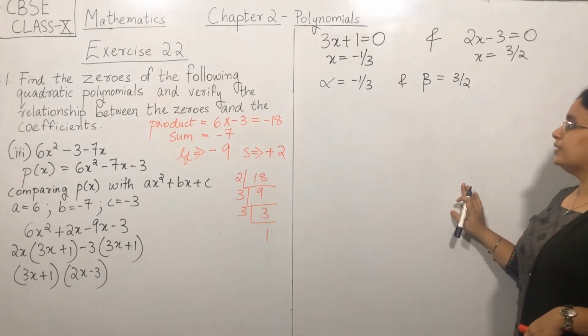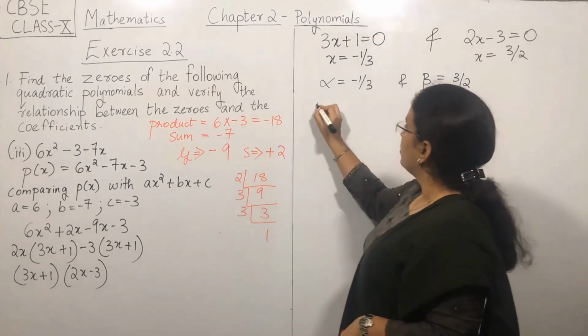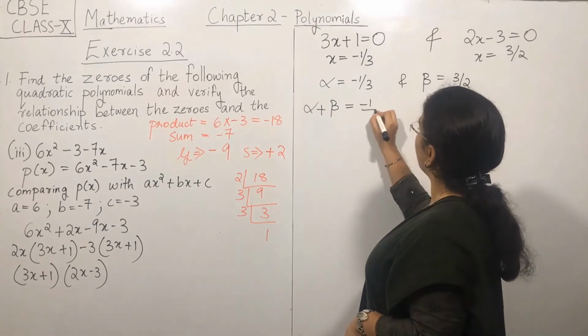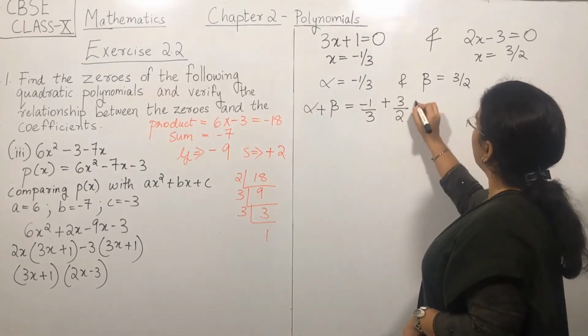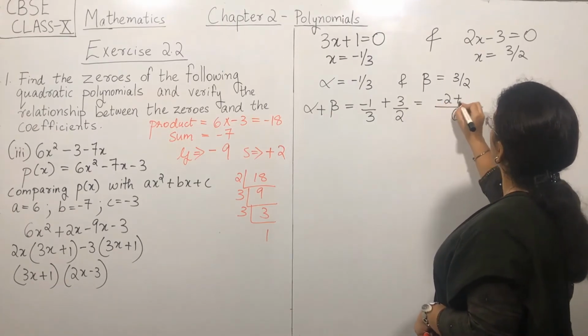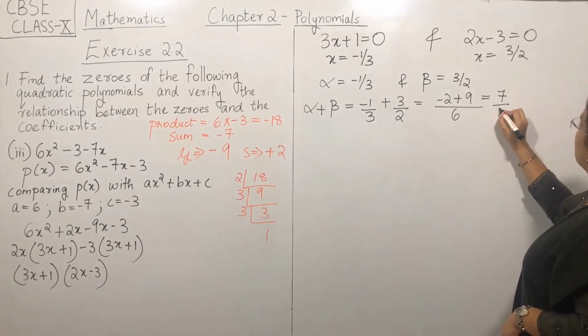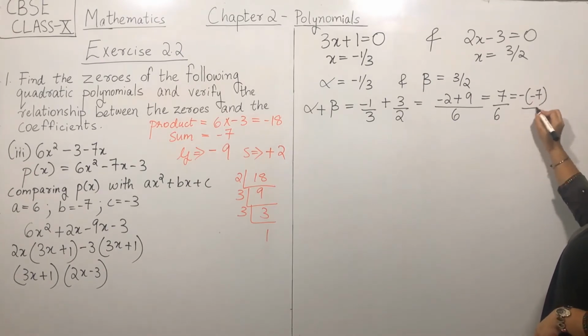Now we can verify the relationship between zeros and the coefficients. Alpha plus beta equals minus 1 by 3 plus 3 by 2. Taking 6 as LCM, minus 2 plus 9 equals 7 by 6, which can be written as minus of minus 7 by 6.